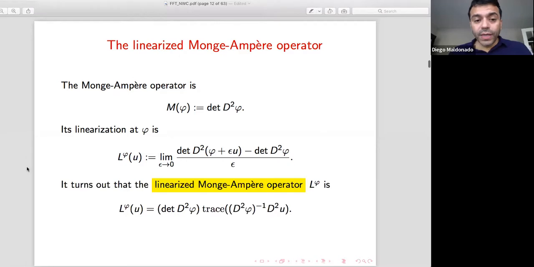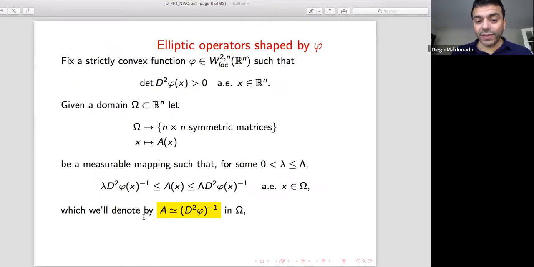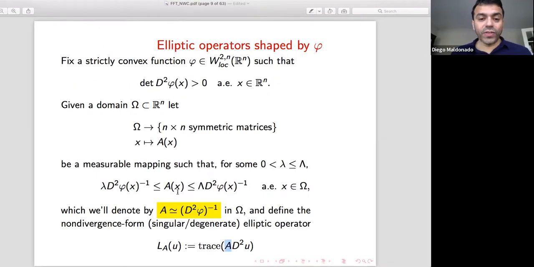It turns out that this limit, in the end, is just the trace of the Hessian inverse times the Hessian of U, times a function here, the determinant, right? So you see, this is pretty much the same as this, where A is not just equivalent to the Hessian inverse, it is the Hessian inverse. So that's where this is all coming from, the theory of Monge-Ampere. That's why there's going to be Monge-Ampere everywhere.